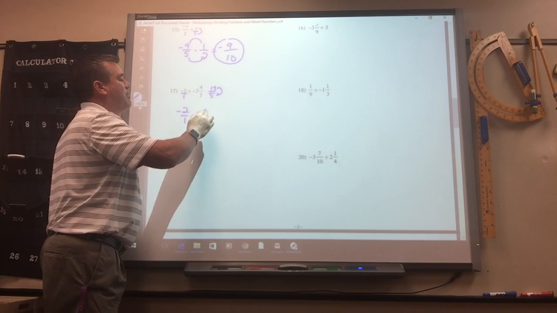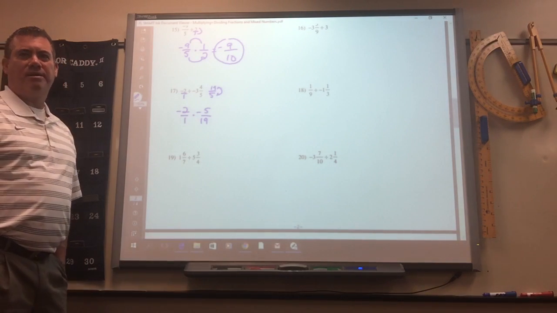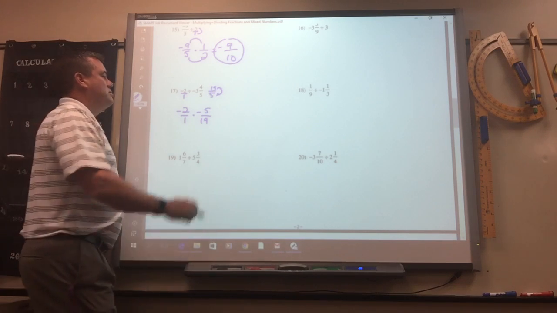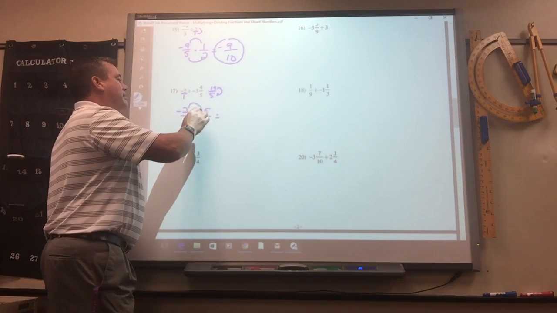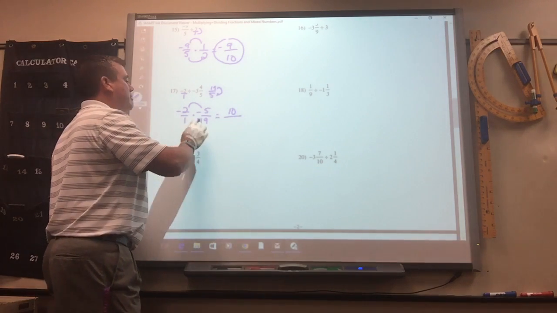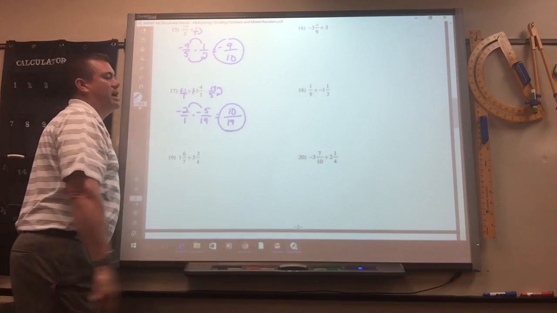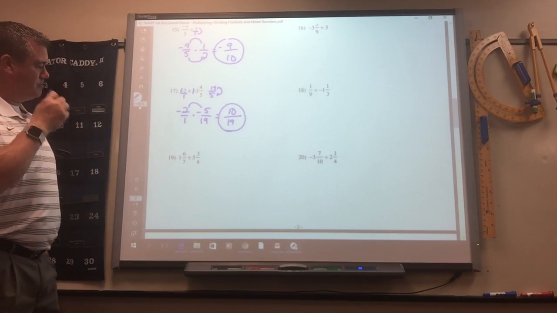So it'd be negative 5 19ths. So, top times top, negative times negative is 10. Bottom times bottom is 19. So remember, it is positive because two negatives will cancel each other when you multiply or divide.